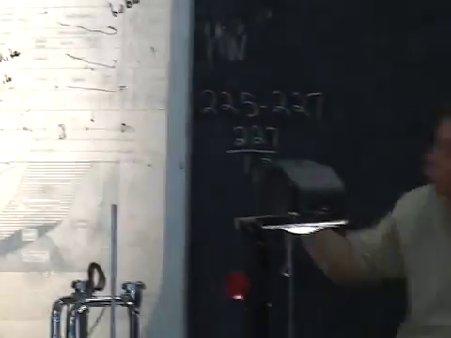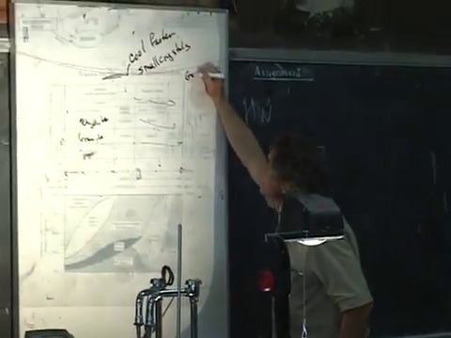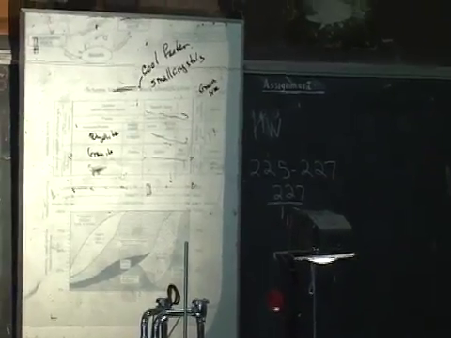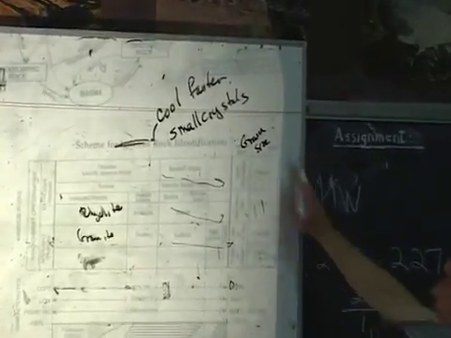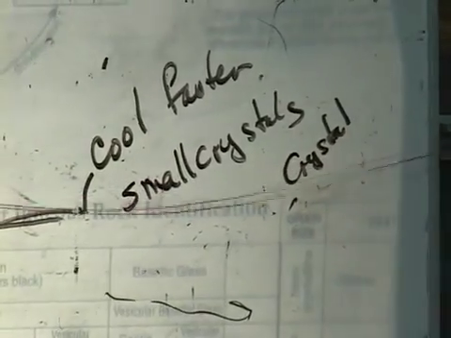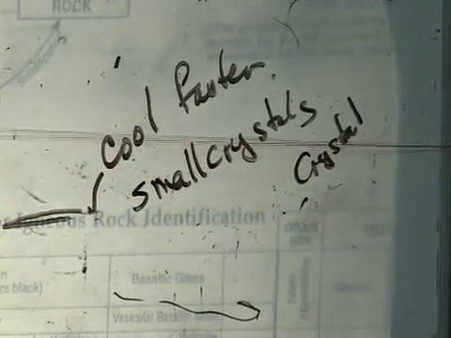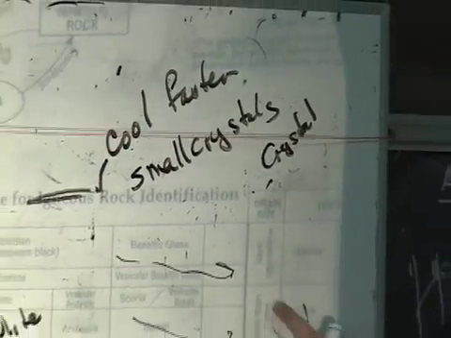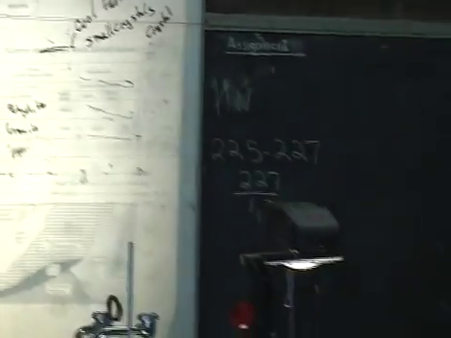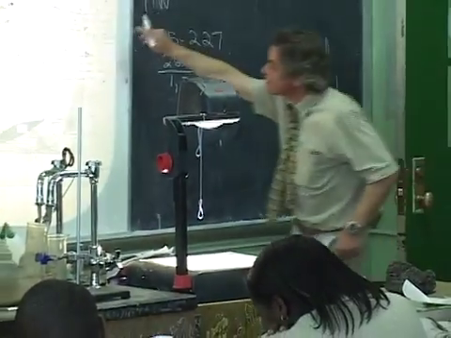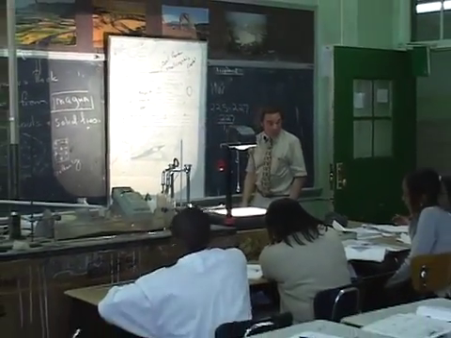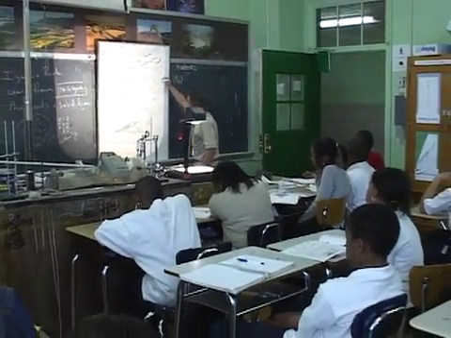Now, look over here where it says grain size. That's a way of describing the crystal size. You might want to write crystals here. Which of these correspond to something that has a fine grain or tiny crystals? Look at the measurements: less than 1 millimeter or less than 1/10 of a centimeter.